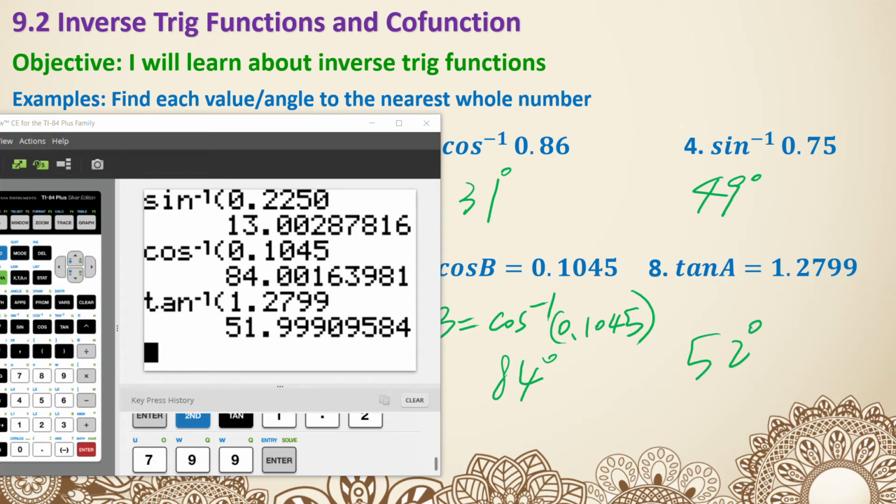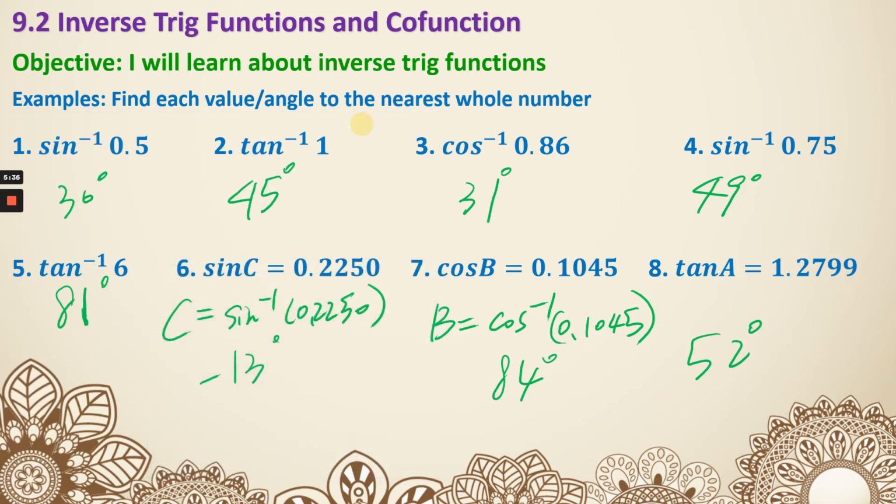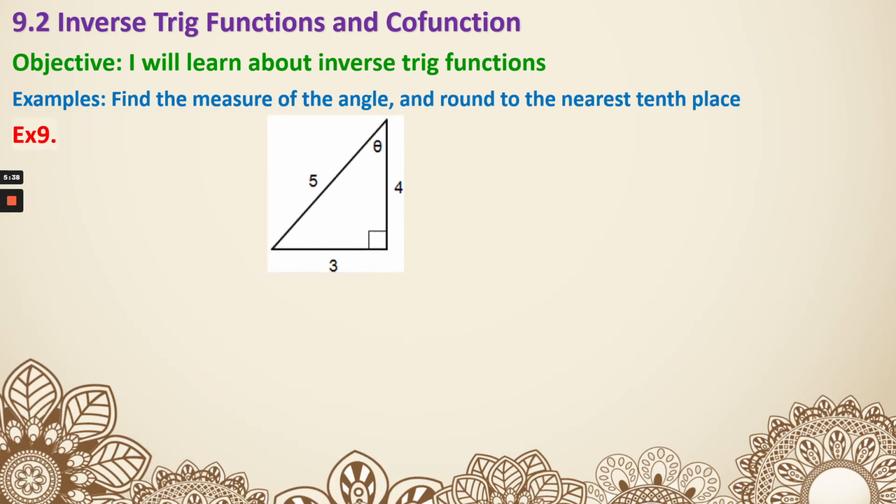Moving on. This time we're going to do things slightly differently. We already know the triangle, but we're trying to find the angle of theta. All three sides are given, which means we can actually use any ratio that we want. So let's try it out. Sine theta is opposite over hypotenuse, so 3/5.